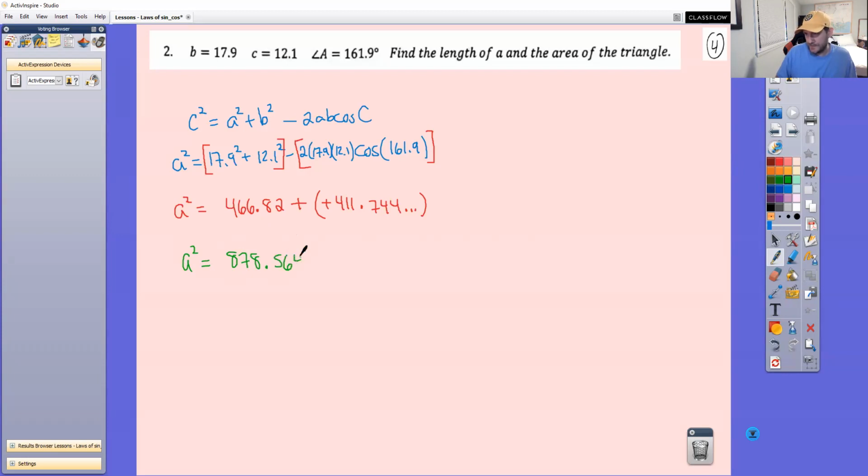And of course, it's not really 564, it's 564, blah, blah, blah. So again, you don't have to ever put a dot, dot, dot. I'm putting it to remind you that I'm using the full value of this decimal. So you take the square root and you'll get an answer.